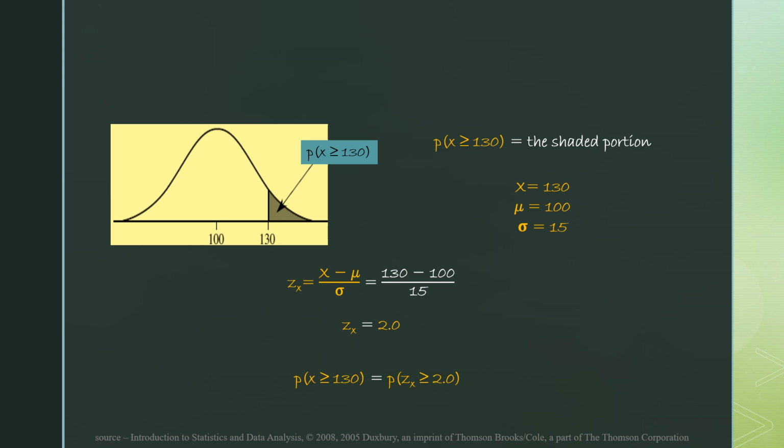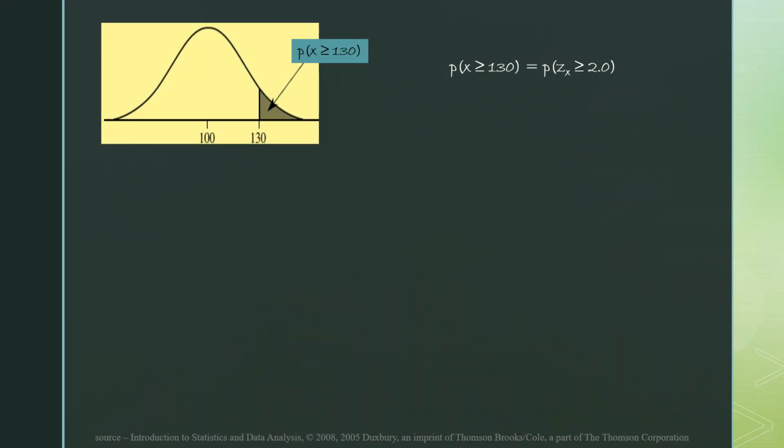Hence, the probability of x taking a value greater than or equal to 130 equals the probability of z of x taking a value greater than or equal to 2.0.